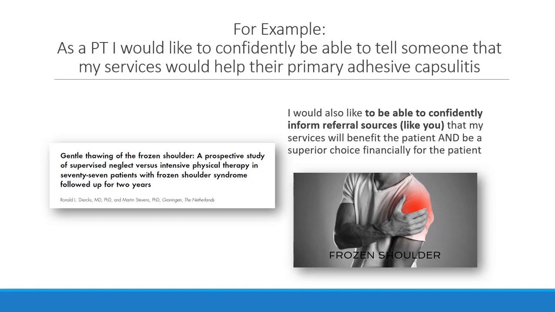I'd like to know what the best way is to provide conservative care for this population. As a therapist, we want to be able to increase range of motion, and then as that range of motion improves, help that individual develop strength again, and do so while minimizing pain as much as possible.